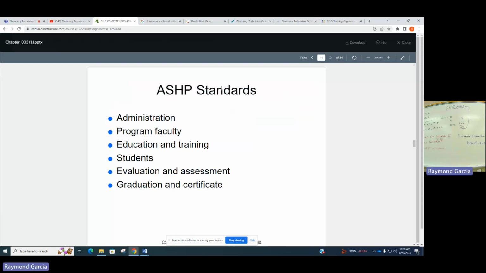Table 3.1 presents a comparison of two examinations, the PTCE offered by the PTCB and the Examination for Certification of Pharmacy Technicians, which is the ExCPT offered by the NHA. So that's on 3.1.